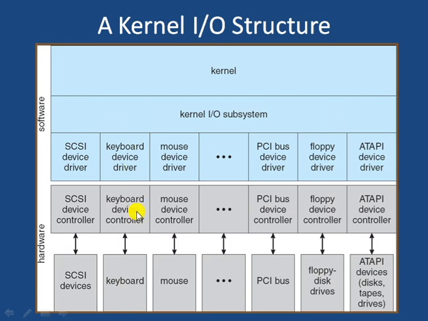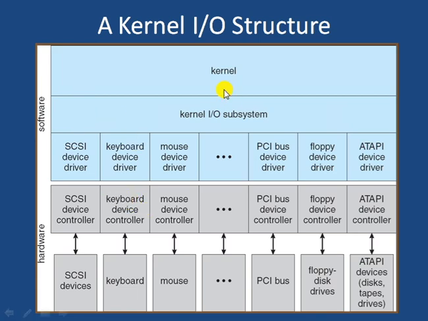If you observe here, the keyboard device driver is attached to and communicates with the keyboard device controller. Through this controller, you can attach a PS2 keyboard or a USB keyboard or whatever it is. That is not part of the operating system. Your keyboard device driver takes responsibility for which port you are using for the device.